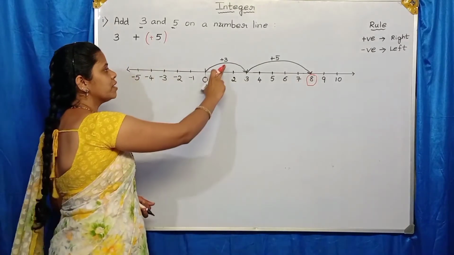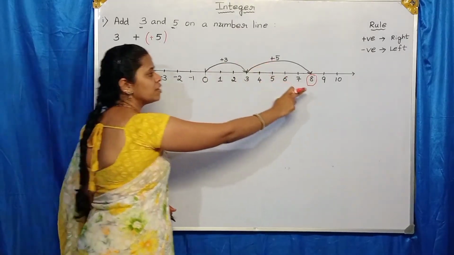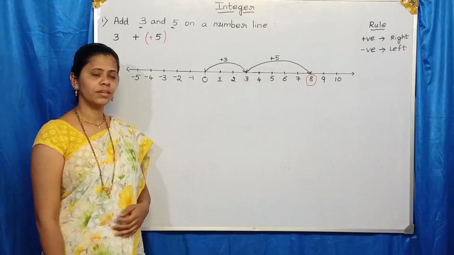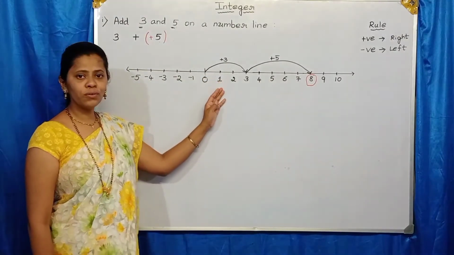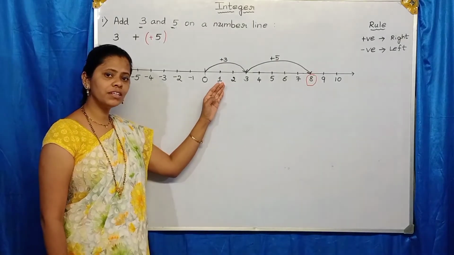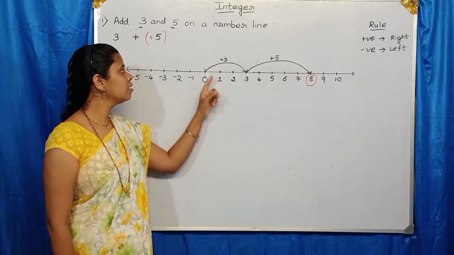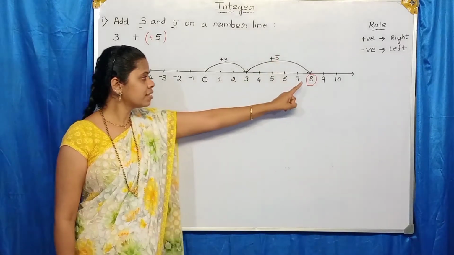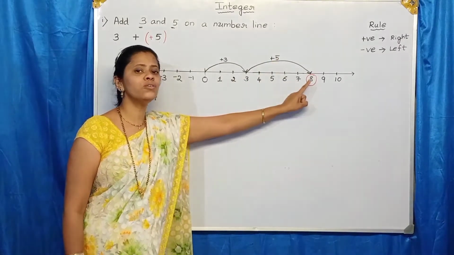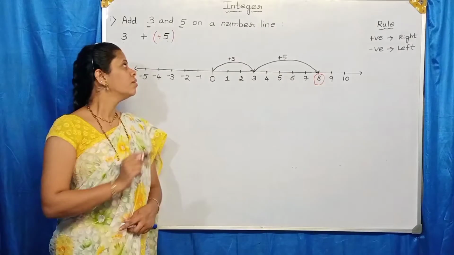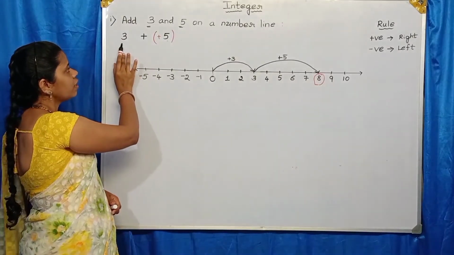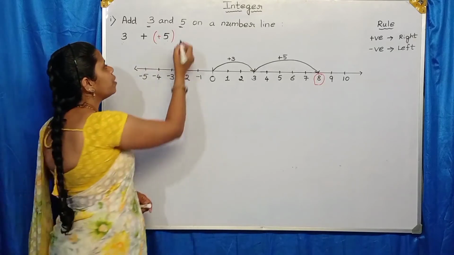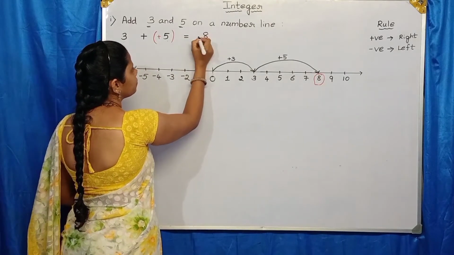When we add plus 3 and plus 5, we will get plus 8. From this, what can you conclude? By observing this problem, we can conclude that when we add two positive integers, the resulting integer is positive only.